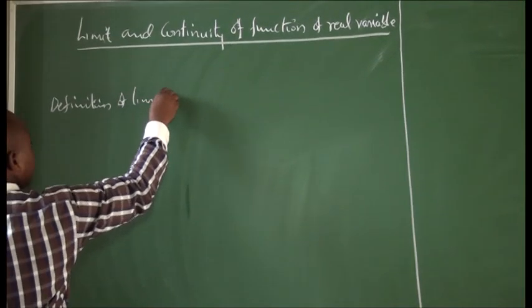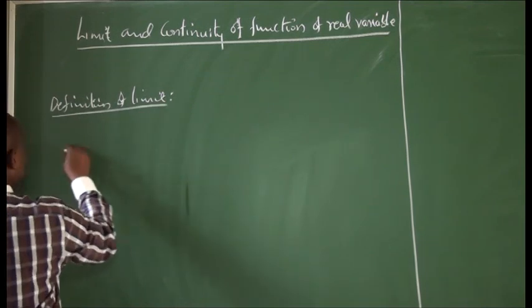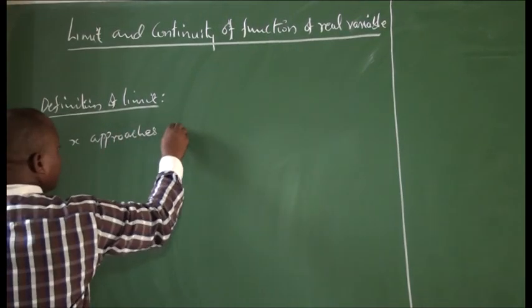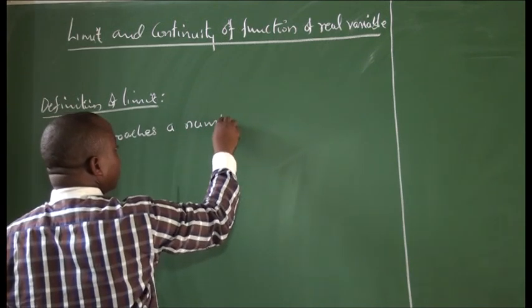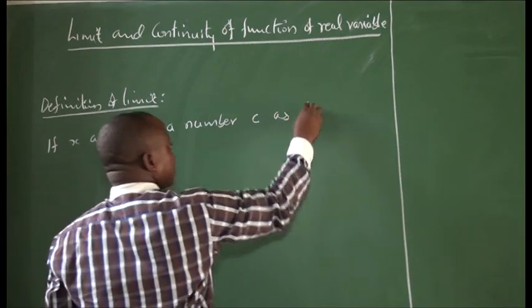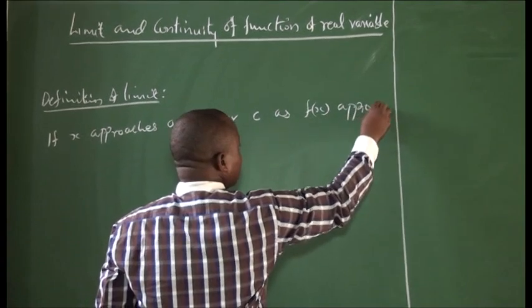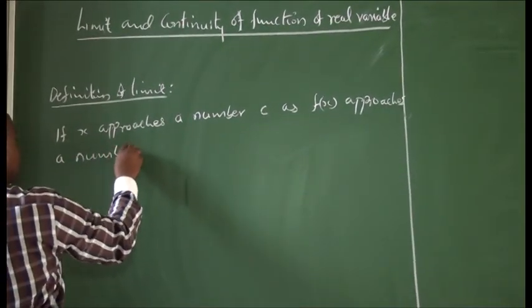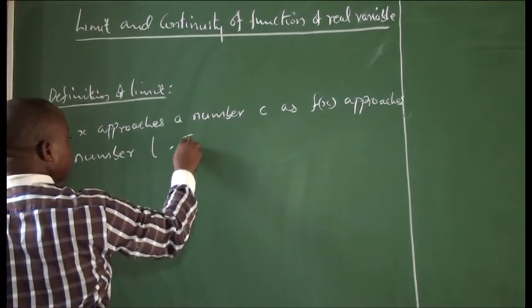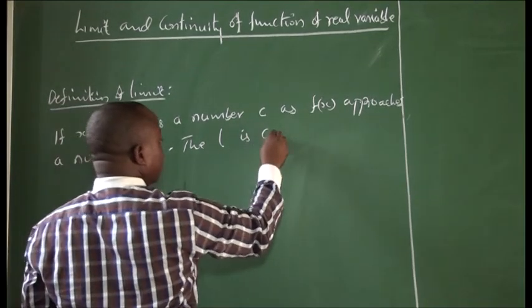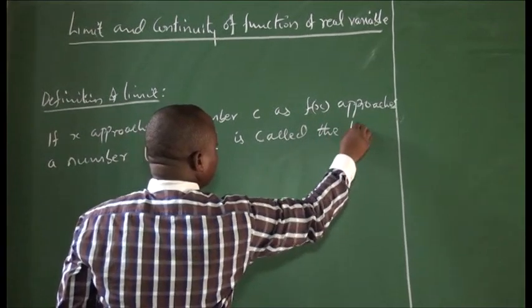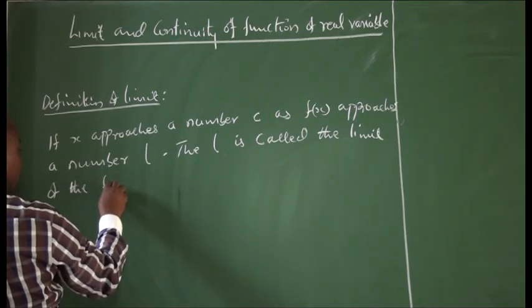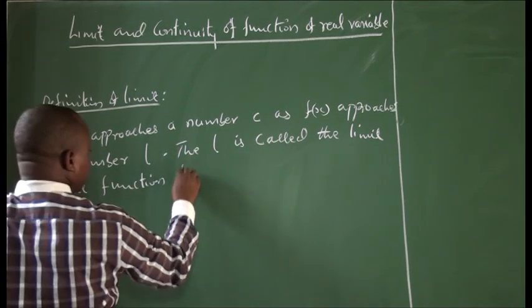Definition of limit. If x approaches a number c as f of x approaches a number L, then L is called the limit of the function f of x.